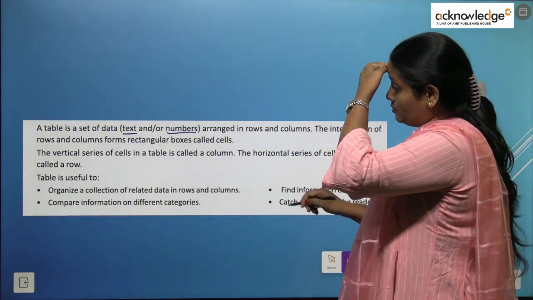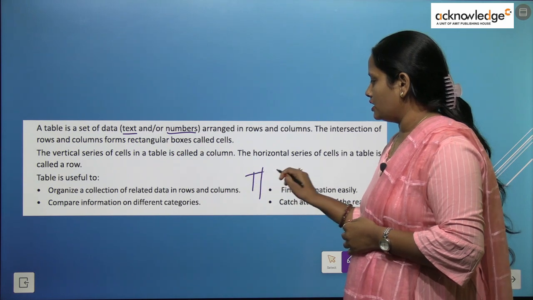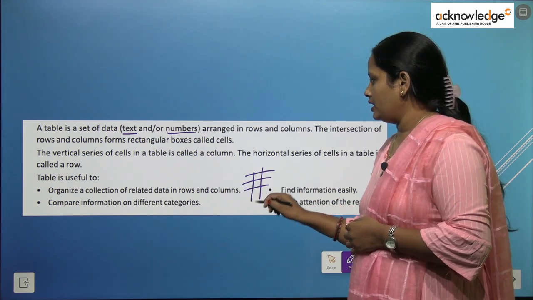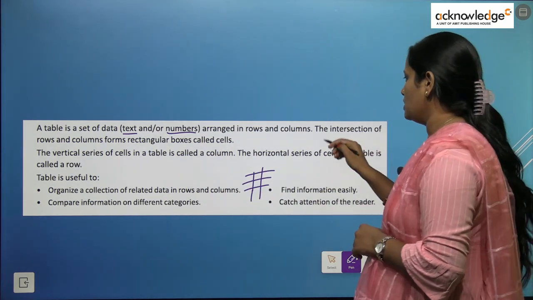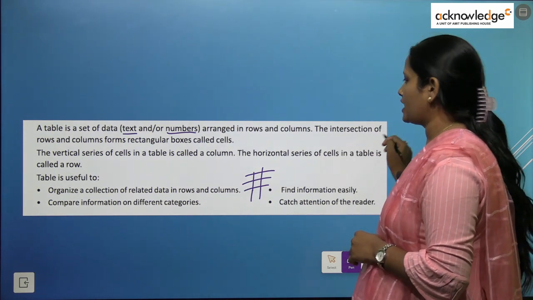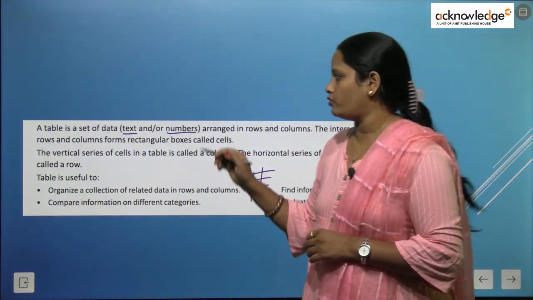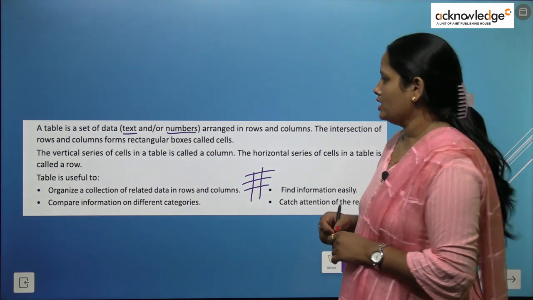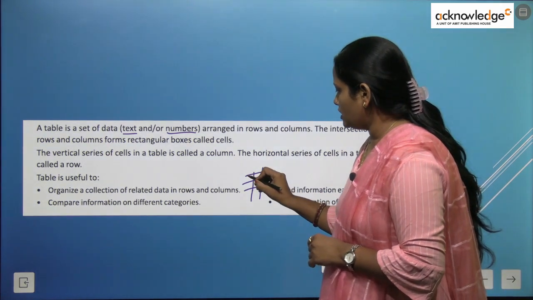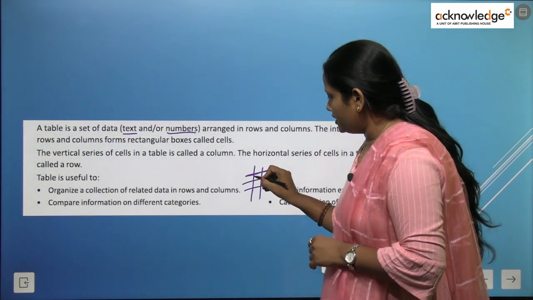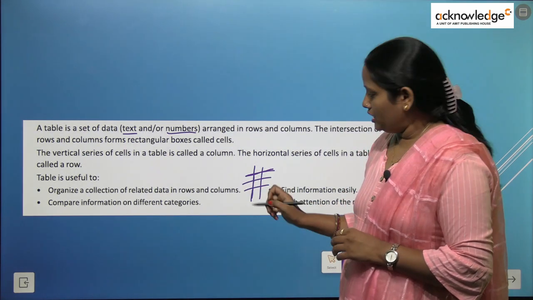So what is a table? Tables are made like this. It is made in rows and columns. The intersection of rows and columns forms rectangular boxes called cells. Here we can see these lines are intersecting each other. They are meeting here.